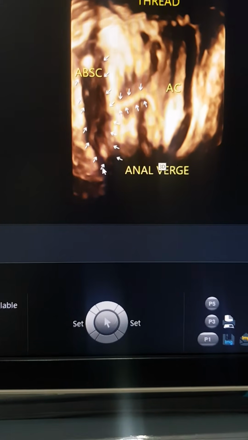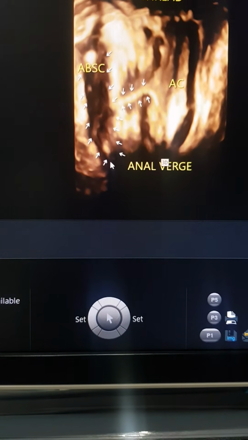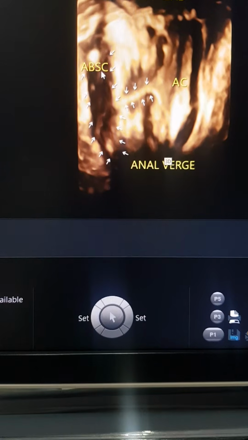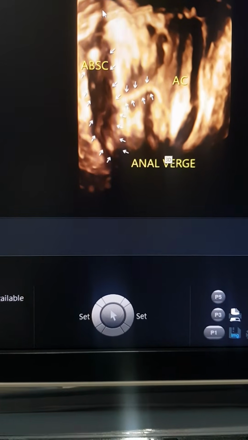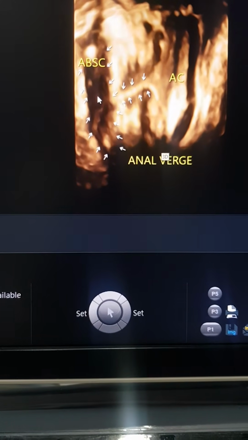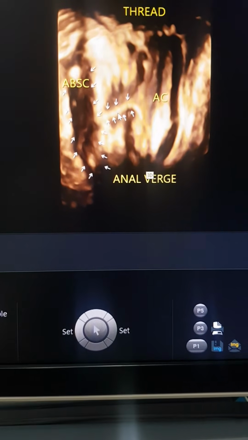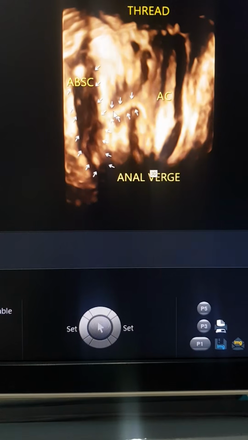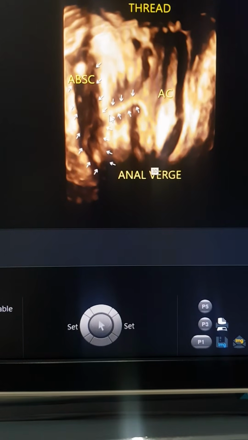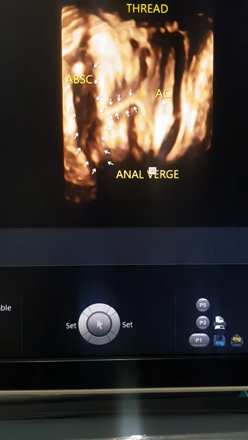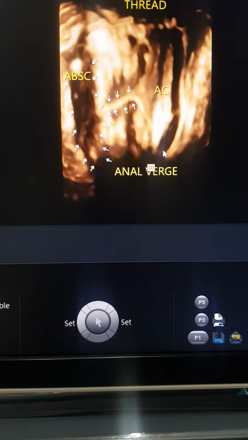At 9 o'clock position, you can see that this is the skin opening, and that's the tract with an ischioanal abscess at 9 o'clock going all the way high up, just short of the levator ani. Somewhere in the middle, you can see that the thread in the fistula is going in from the ischioanal abscess across the sphincters into the anal canal. AC stands for anal canal, and then it turns down.